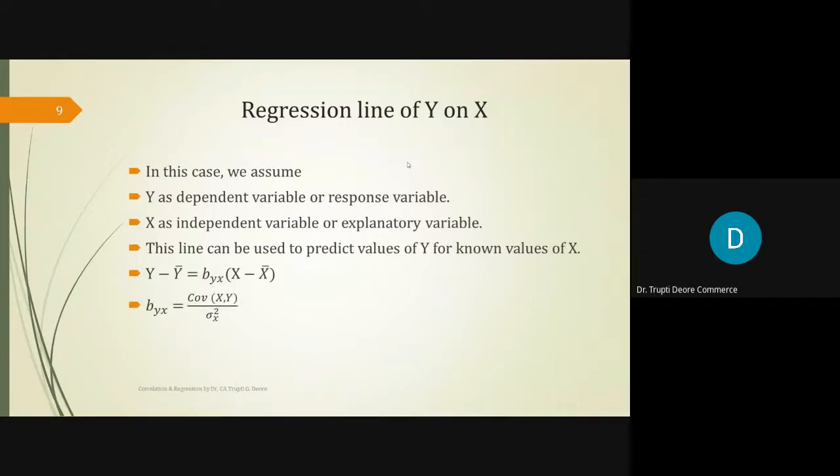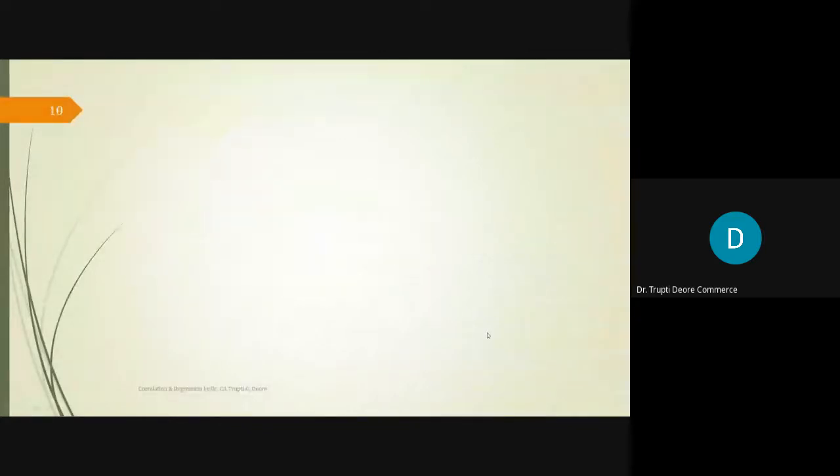Covariance xy we have already seen in the previous chapter, right? Sdx is already given, so sdx square is to be calculated, and dividing these two gives the byx. The byx value is inserted in the regression line, and we get the regression line. Now, what is the regression line of x on y?